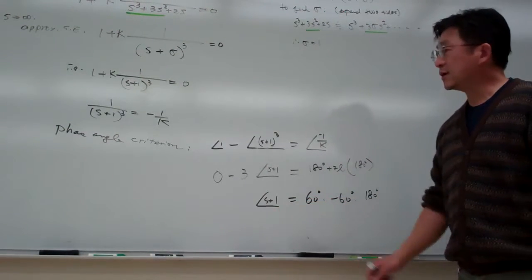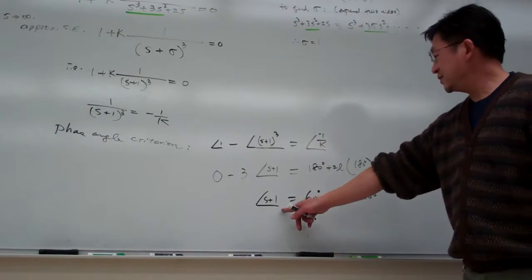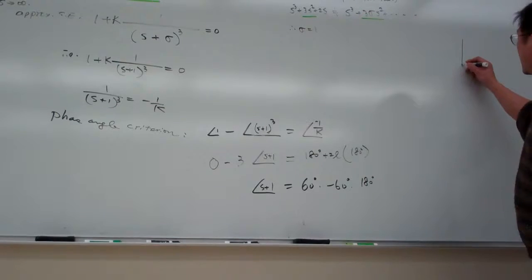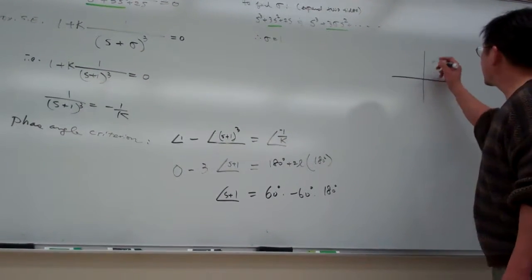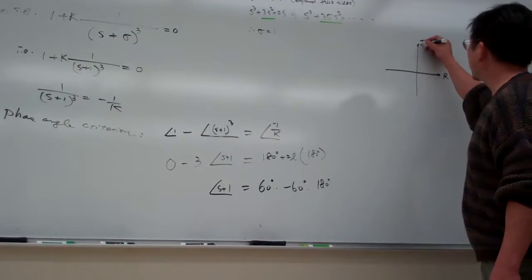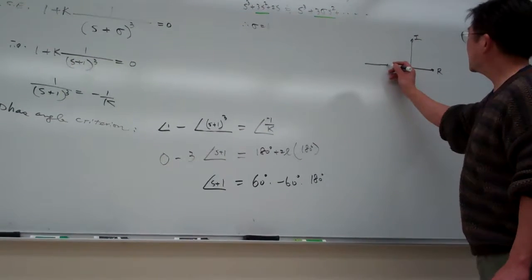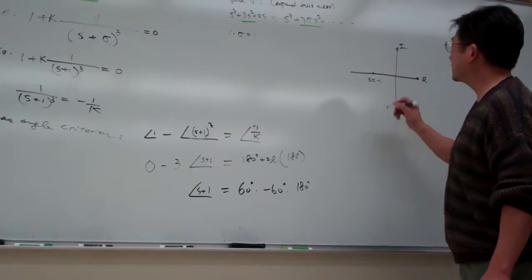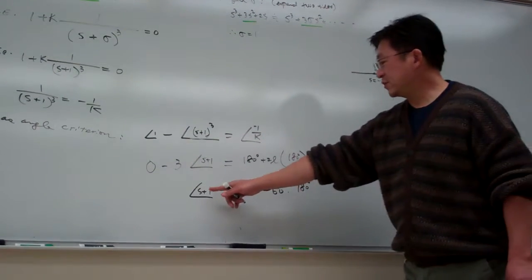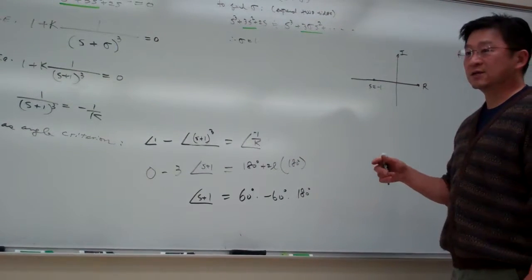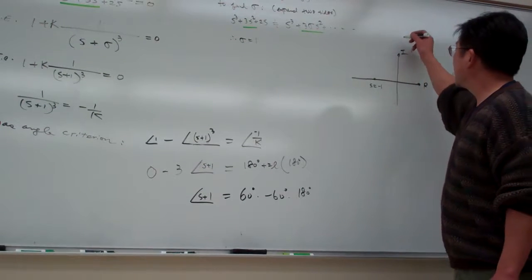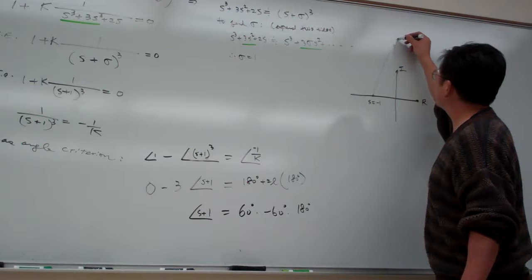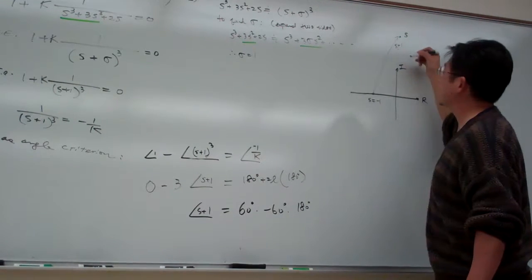So from here, can you tell? Basically, this tells us this. Again, let me draw on the complex plane with the real and imaginary axes. Here is s equal to minus 1. So s plus 1 represents, if we have any point here as our test point, this vector represents s plus 1, right?